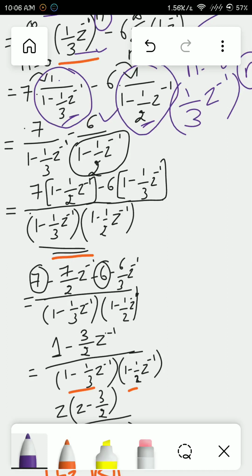Then I took these two as common, and multiplied with 1 minus 1 by 2 z inverse.